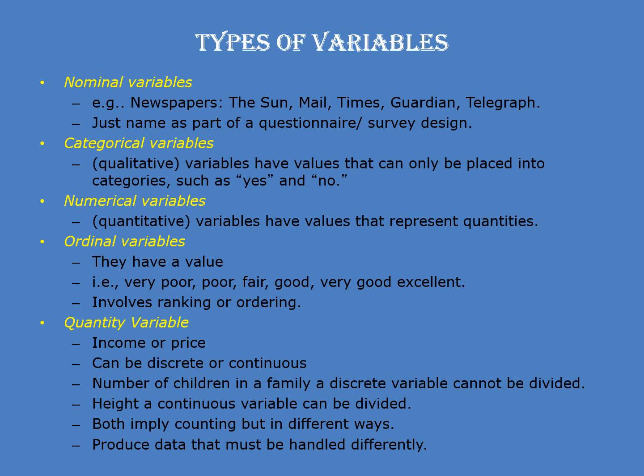And then there's ordinal variables, and they also have a value, and they relate to, for example, a survey or questionnaire, where an investigator wants to understand from an epidemiological point of view, or around demography, an overview from an epidemiological perspective.